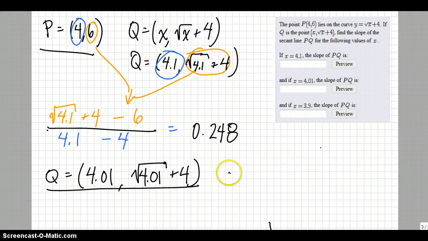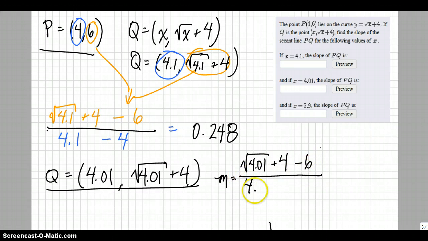Then the slope is equal to the square root of 4.01 plus 4 minus 6 over 4.01 minus 4. So this time we're using this 4.01 plus 4 for the rise, and for the run we're using the 4.01 minus 4.